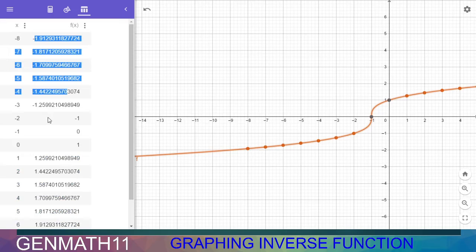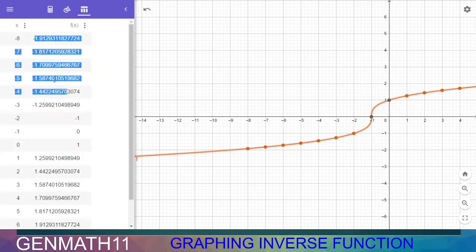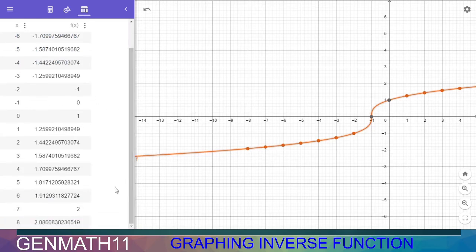Pero pag may cube root siya, katulad to, pag ang value ng negative 2, nilagay natin dito sa function, negative 2 plus 1 is negative 1. So, ang cube root ng negative 1 is negative 1.